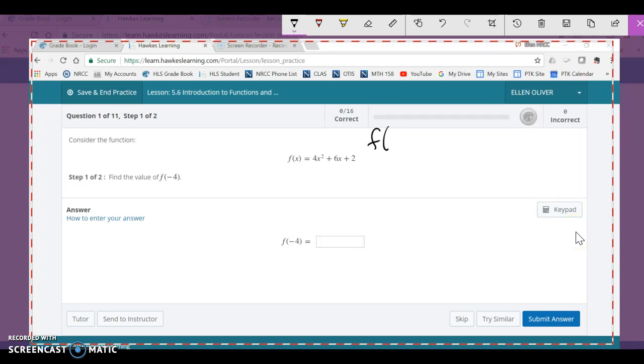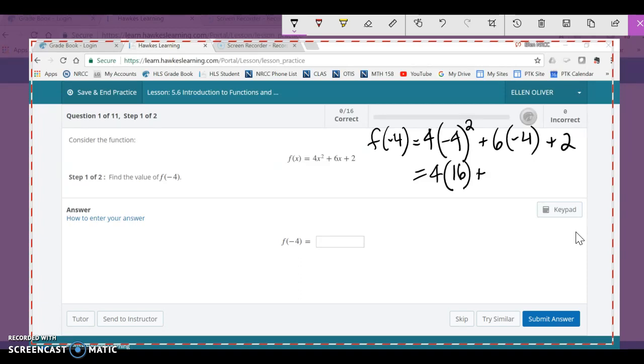So f of negative 4 is 4 times the quantity negative 4 squared plus 6 times the quantity negative 4 plus 2. And now I just have to simplify. So I know my order of operations tells me to do exponents first. So 4 times negative 4 times itself is positive 16, plus 6 times negative 4 is negative 24, plus 2. 4 times 16 is 64.